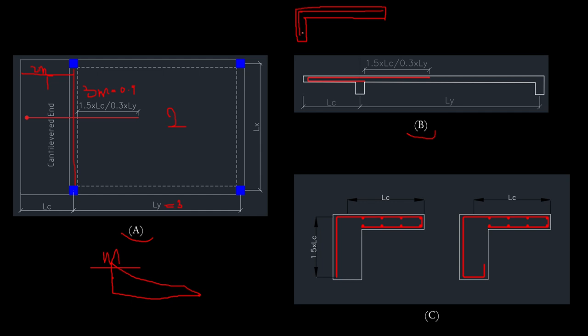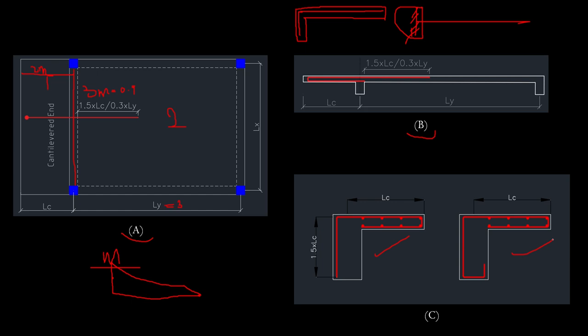What we analyzed was that this cantilever slab is being supported at the end. So this is the support. So we need to extend that reinforcement into that support, since there is no other slab attached to it. So we extend the reinforcement into the support by 1.5 Lc. So it can either take this form or this form.